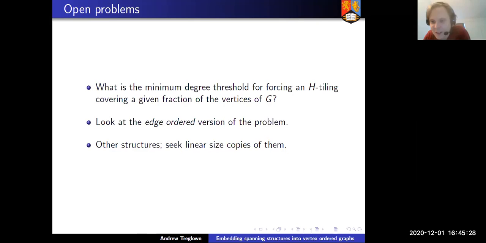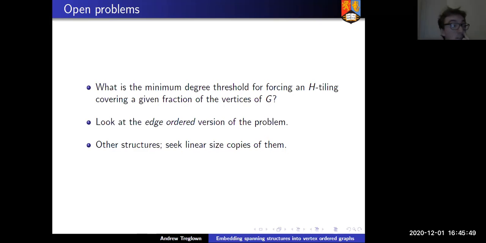Instead of a copy of H, you look for a family of ordered graphs, and in that sense you can recover the original Erdős-Stone-Simonovitz theorem, because you just take all ordered versions of your underlying graph as your family. But I haven't thought about it.